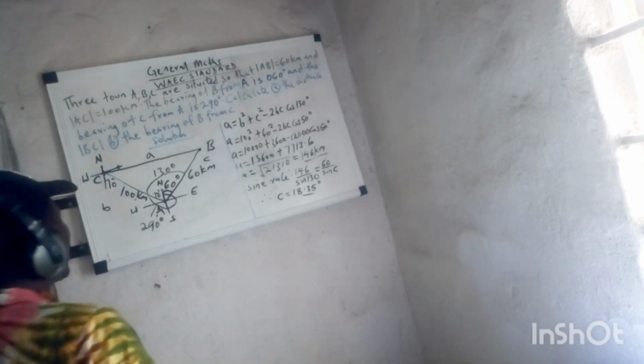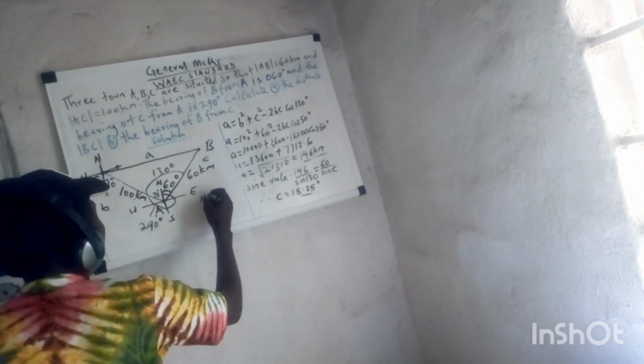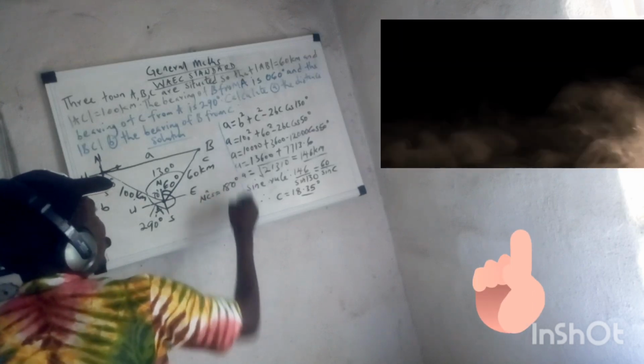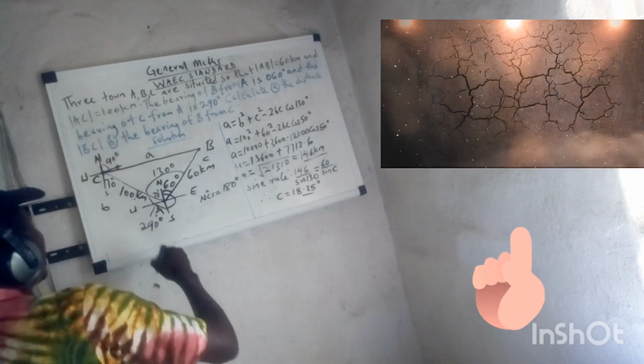Now looking at B, they said the bearing of B from C. Talking about the bearing of B from C, you consider the straight line, and you consider N, this is N, this is south. NCS is equal to 180 degrees, the angle on a straight line. In the first quadrant, there's 90 degrees.